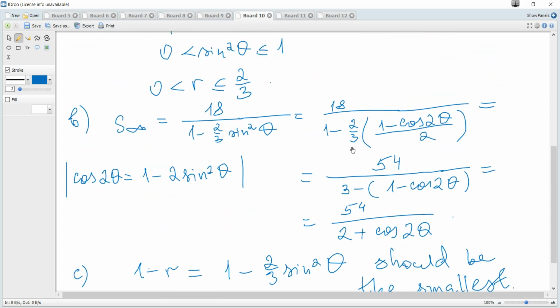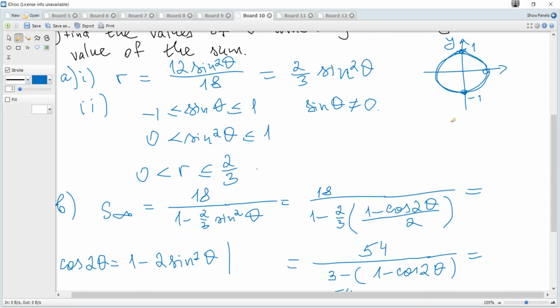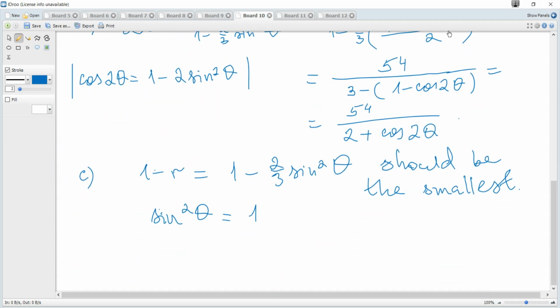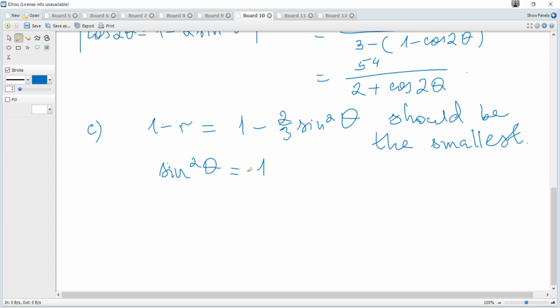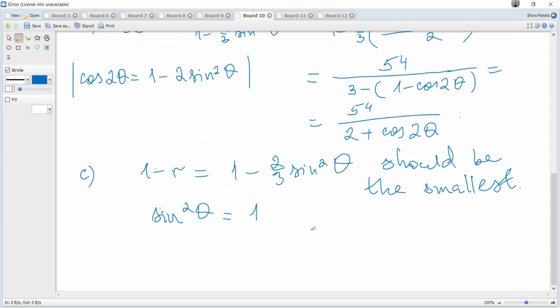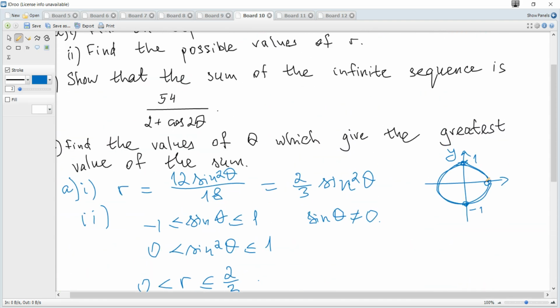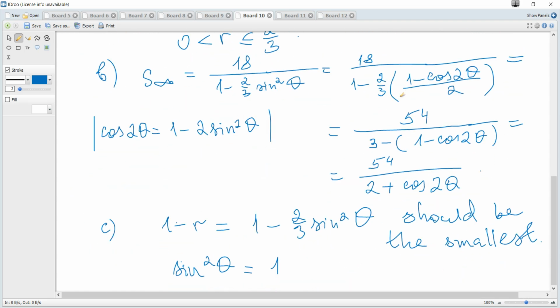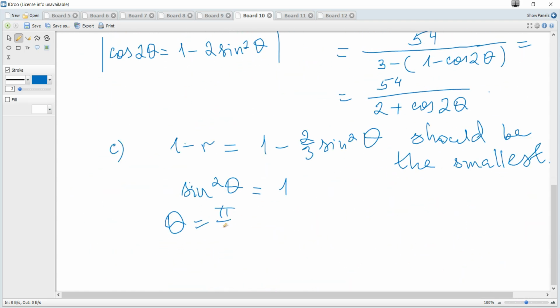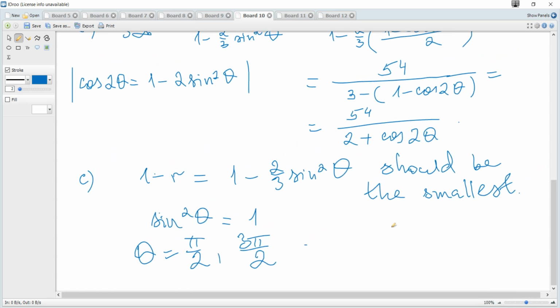And for sine squared to be 1, it means that sine can be 1 or -1, and since theta changes from 0 to 2 pi, it may be pi over 2 when sine is 1, or theta can be 3 pi over 2 when sine is -1, but sine squared will be 1. So theta is pi over 2 or 3 pi over 2. And that's all for this question.